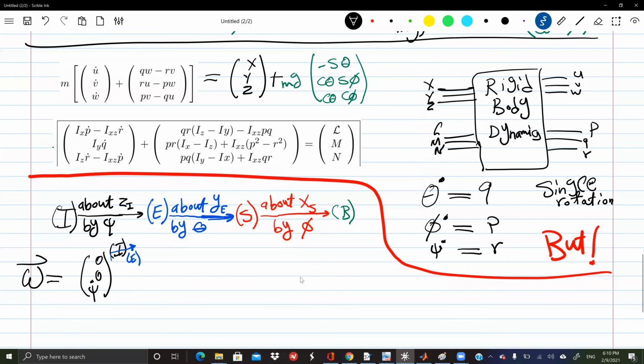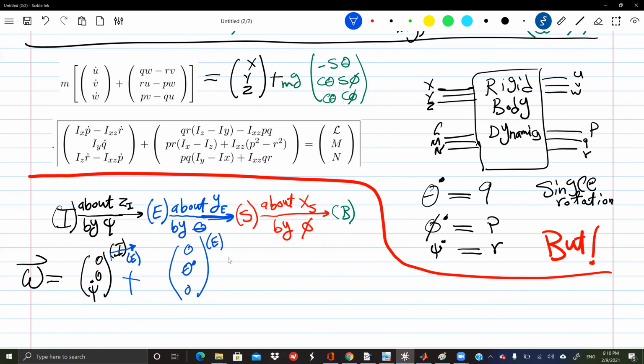Then I'm going to add the second rotation. The second rotation is simply about y, so it's 0, theta dot, 0. And what frame? Well, it's the blue frame. Keeping colors is really good here.